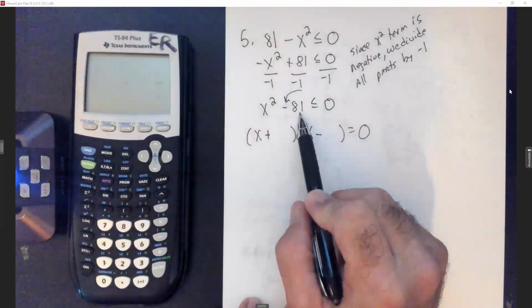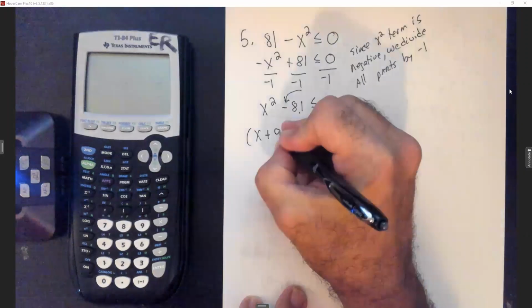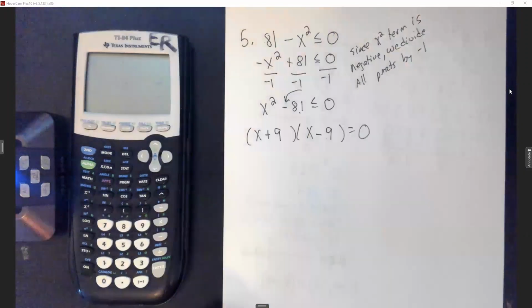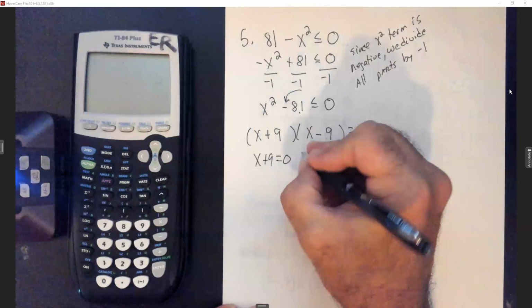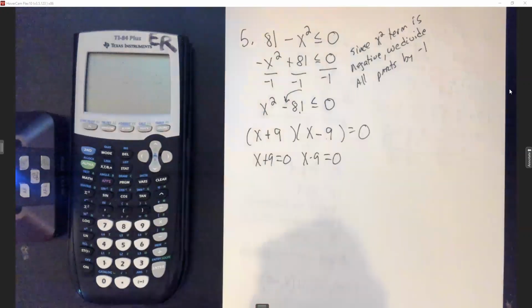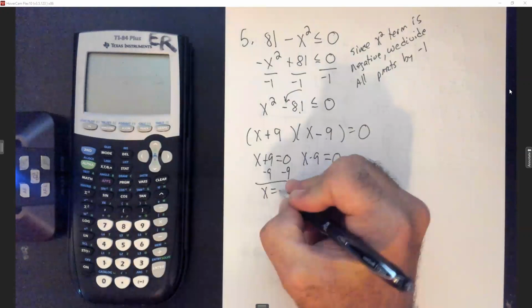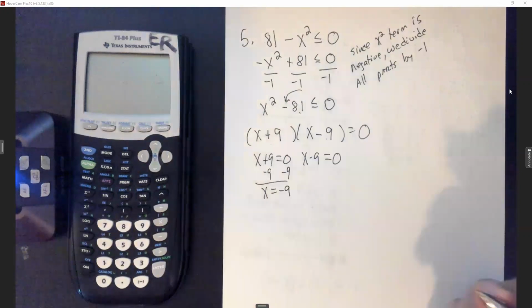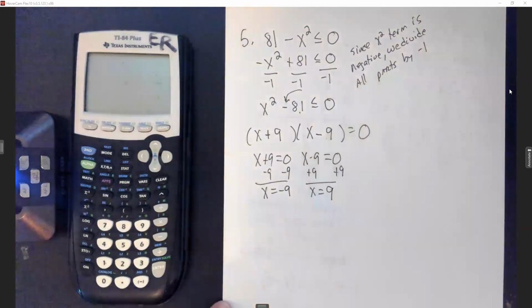And let's see, the square root of 81 would be 9 and 9. All right, then you set them equal to 0 to get your signs changed. Sort of sad because you're making the positive 9 into a -9, and then the -9 you're making into a +9.